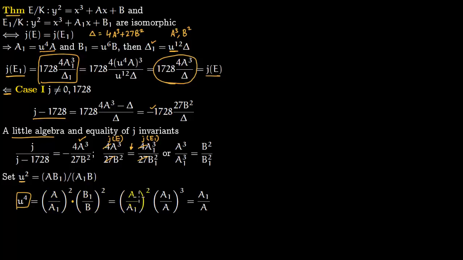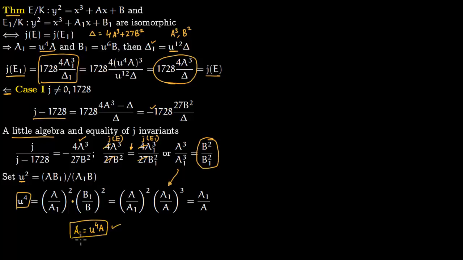This b1 over b square, you take this value and substitute this instead. Obviously you have to invert it. This comes right here, and you do the cancellation. You get a1 over a. So you get a1 is equal to u4 times a. So our a1 is all set for isomorphism of curves.